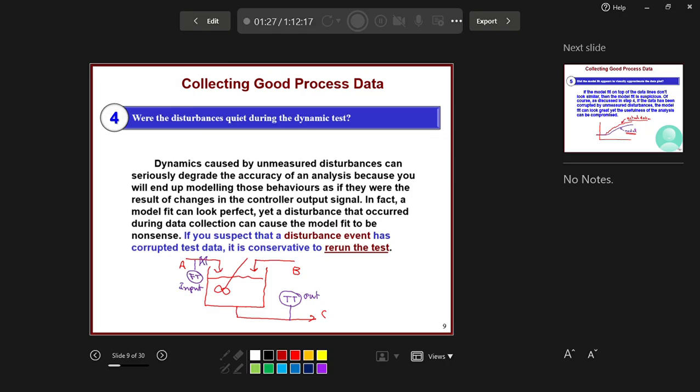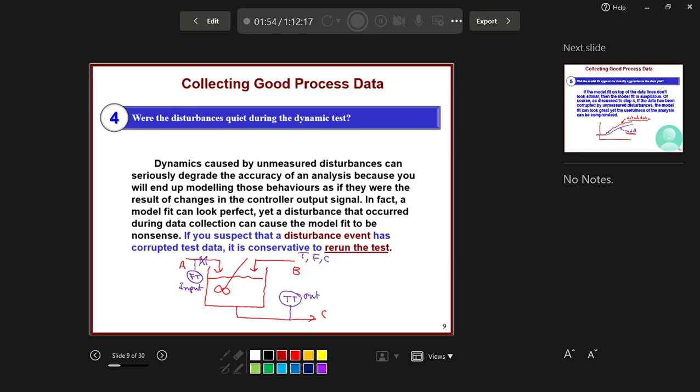Okay, so when you started the test, everything was at steady state. All the 3 points were satisfied, but you didn't notice the stream B. Stream B is regarded as a disturbance. Its temperature, its flow rate, and its concentration, probably, all of these are disturbances.